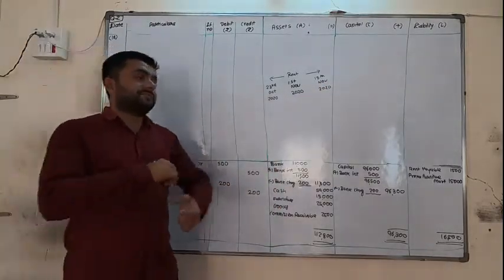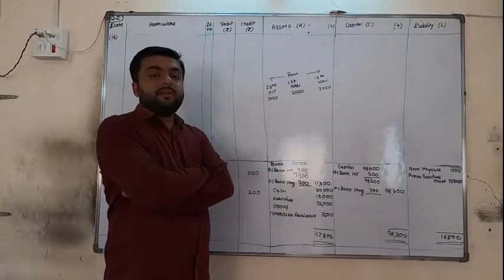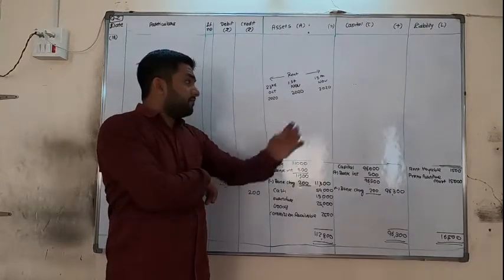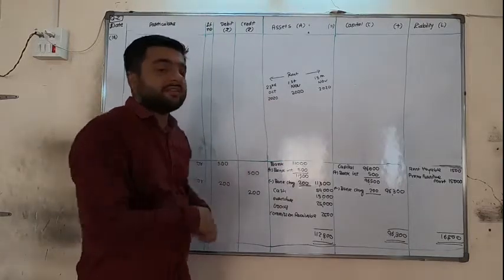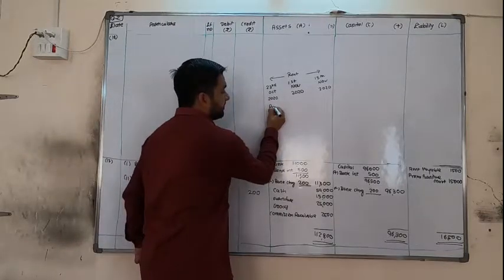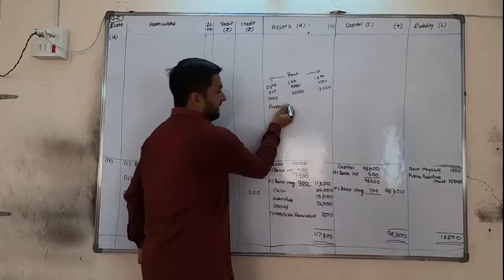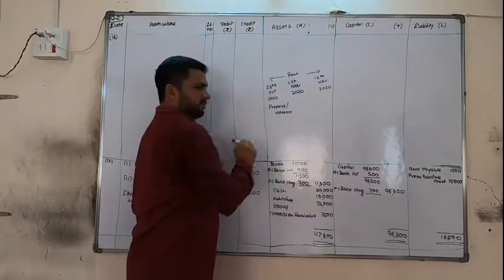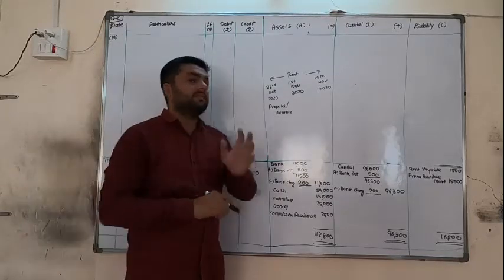Let me explain. Actual date is 1st November. If before 1st November anything is done, that is prepaid or advance. Both words are similar.